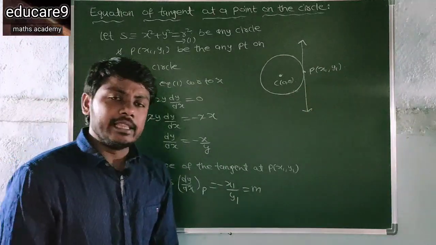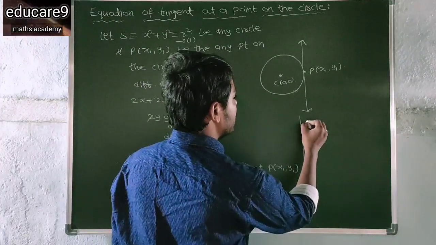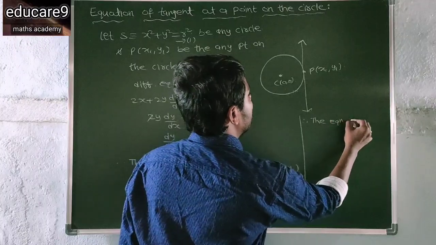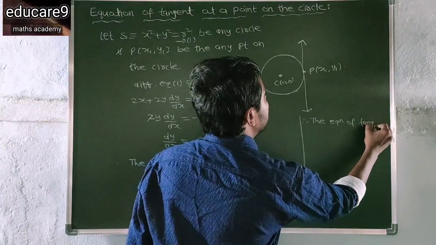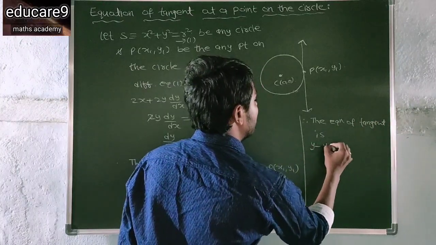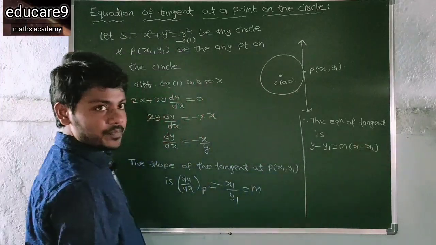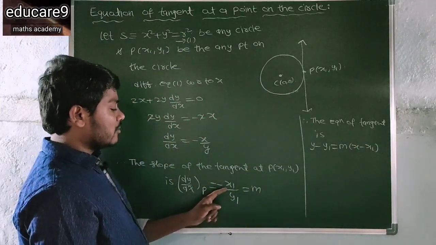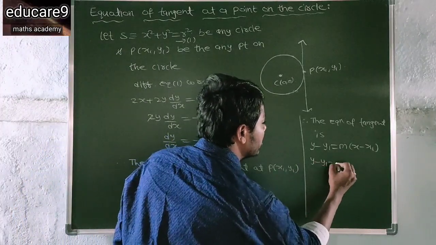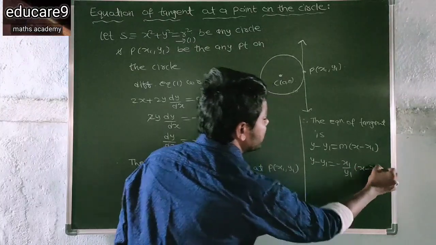Then we have to write the equation of the line. So therefore the equation of the tangent is y minus y1 is equal to m into (x minus x1). What is the slope of the tangent? Minus x1 by y1. So y minus y1 is equal to minus x1 by y1 into (x minus x1).